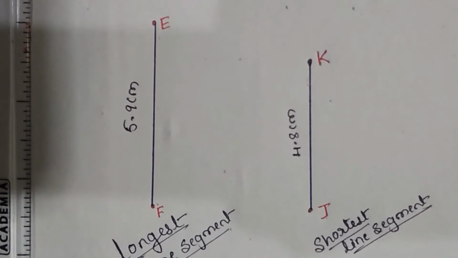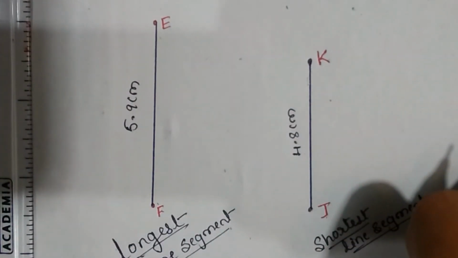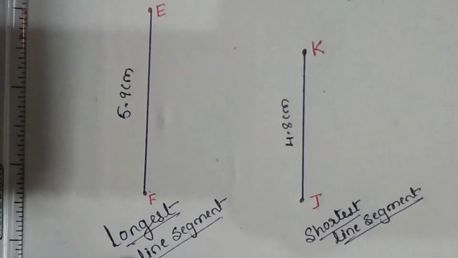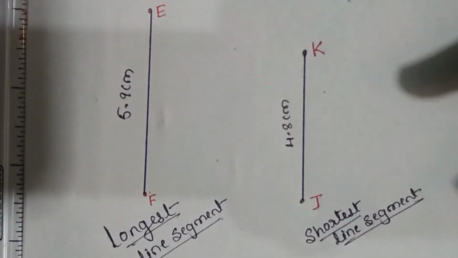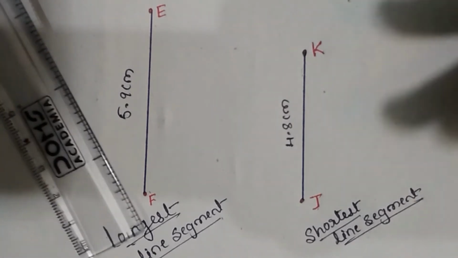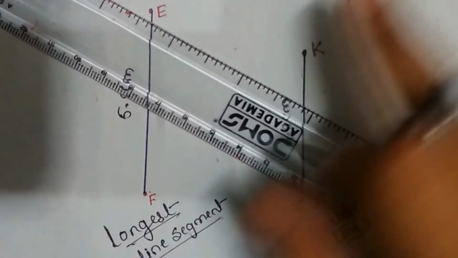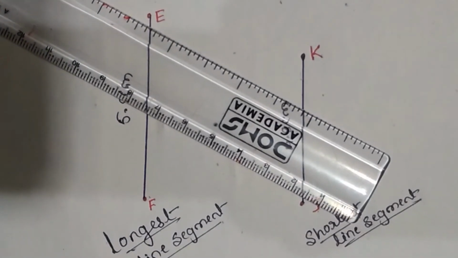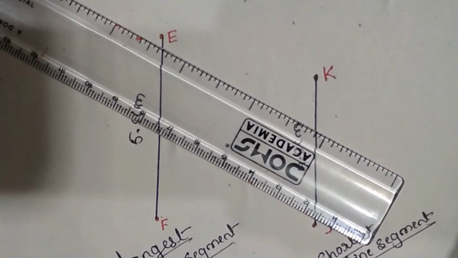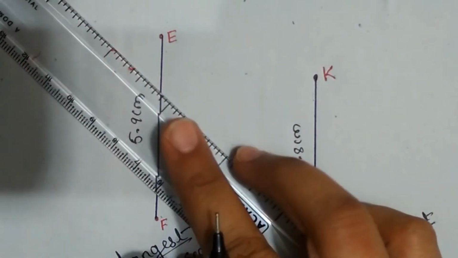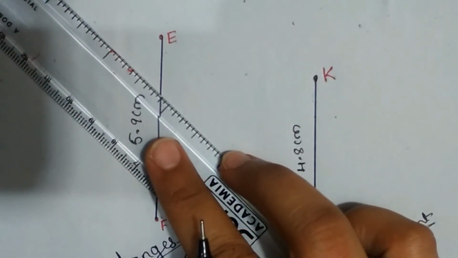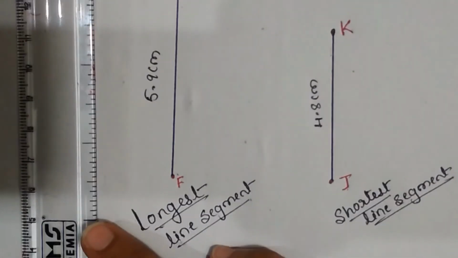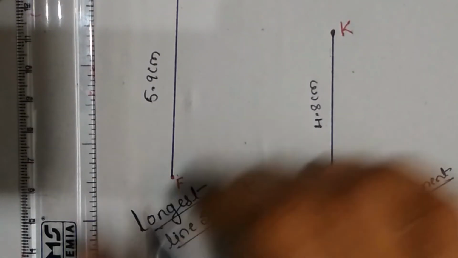Like this, if we have many line segments, we can find out by measuring and comparing those which one is the longest, which one is the shortest, or which one is an average line segment. After knowing all these points, we'll move towards the conclusion by knowing the difference between line, rays and line segment. We have to know very clearly the difference between line segment and ray.